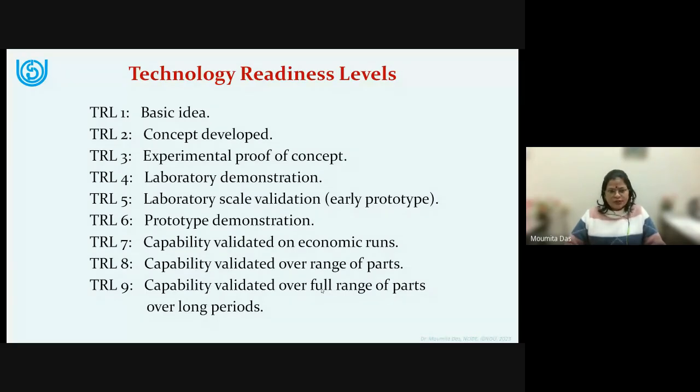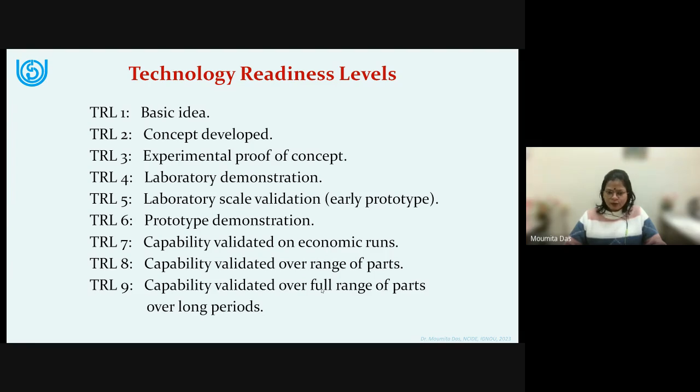As you can see here, TRL1 is the basic idea. TRL2 is when the concept is developed. TRL3 is the experimental proof of the concept. TRL4 is a laboratory demonstration. TRL5 is a laboratory scale validation, which is called the early prototype.